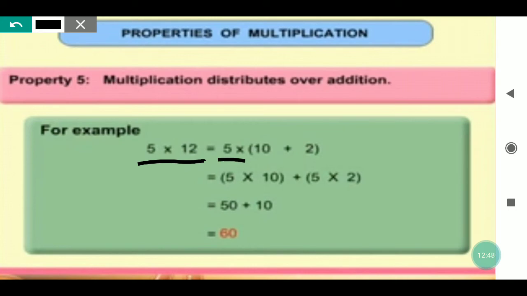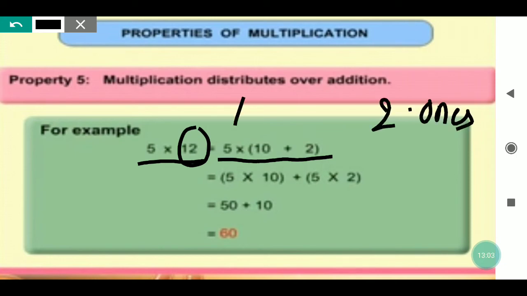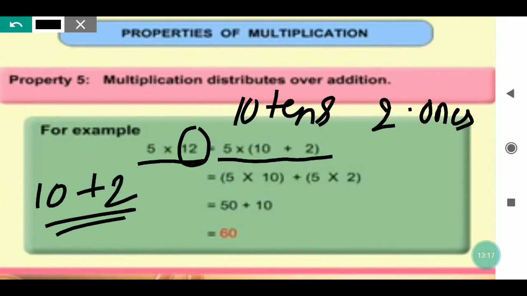This 12 is a 2-digit number, with a 1's place and a 10's place. 2 is at the 1's place, whereas 1 is at the 10's place. 10's place means 10. So it is 5 into 10 plus 2. 10 plus 2 means the 10's place plus the 1's place. It will be 12.